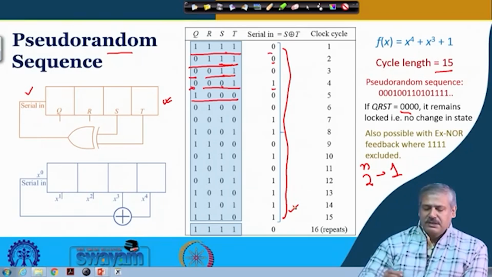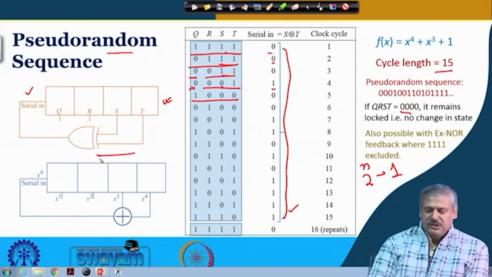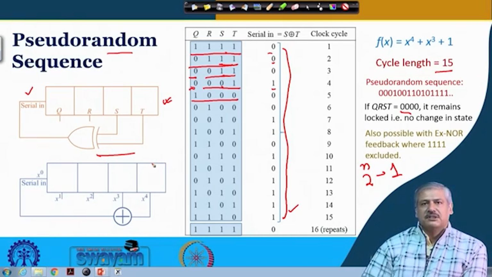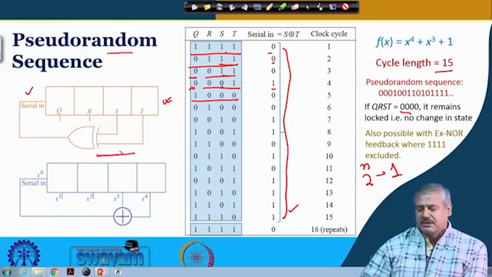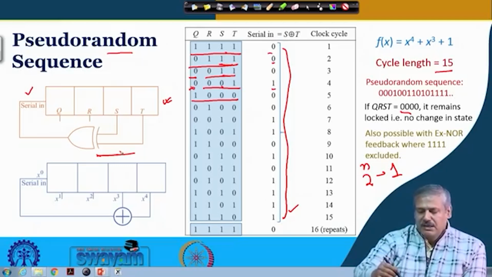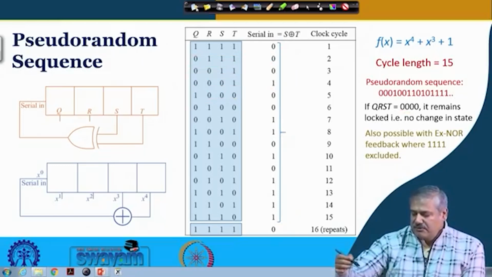So, this is one particular way you can generate a pseudo random sequence using a shift register. You require minimum additional hardware, and you can move very fast. These things can be done in a very fast manner.